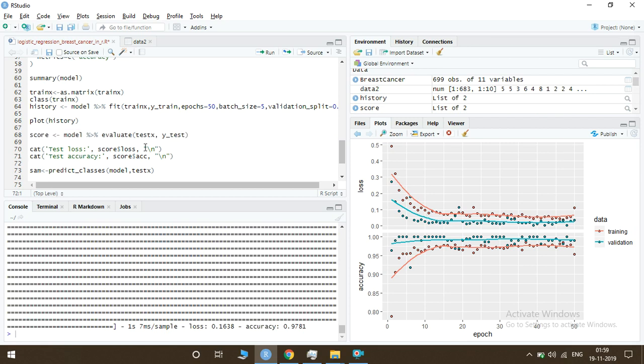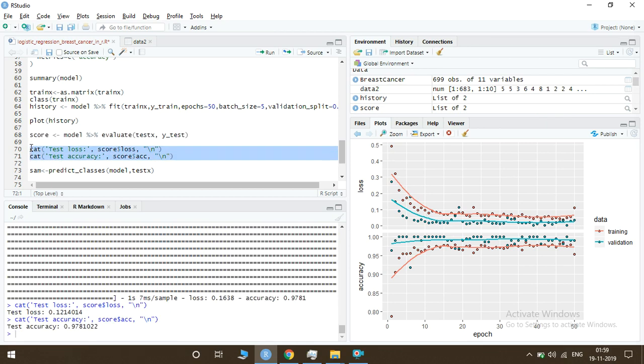To check the loss and accuracy, we would use score dollar loss for loss and score dollar acc for the accuracy. Over here you can see the accuracy is 97% and the loss is just 12%.